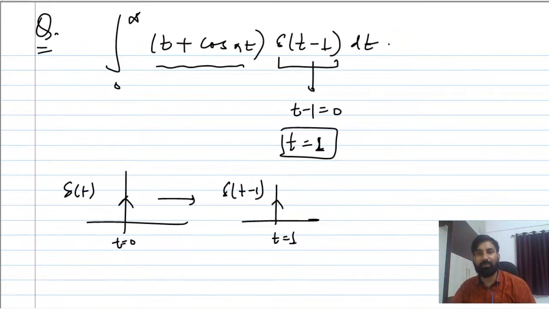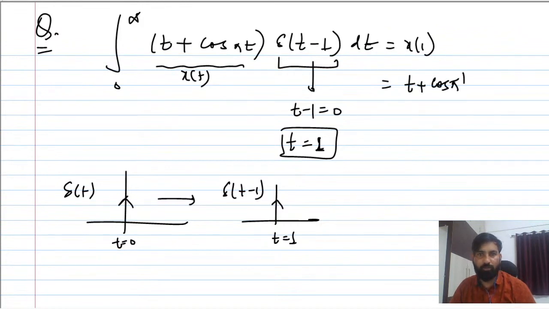So the answer will be, t plus cos pi t, this is basically x of t, so the answer will be x of 1. What is x of 1? You can take x of t as t plus cos pi t, and you can put t equal to 1, which is 1 plus cos pi, and which is 0.